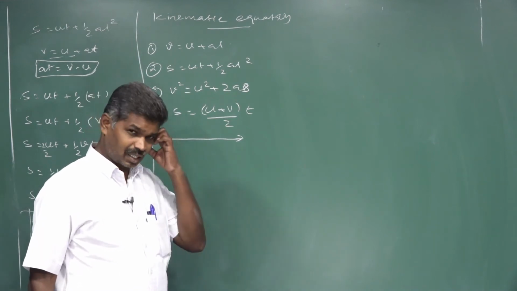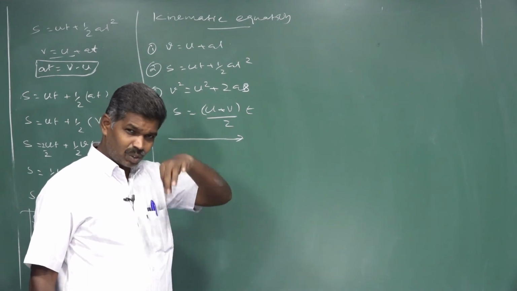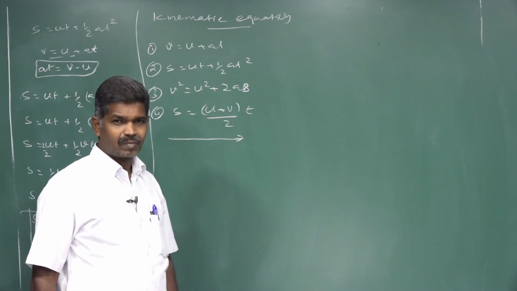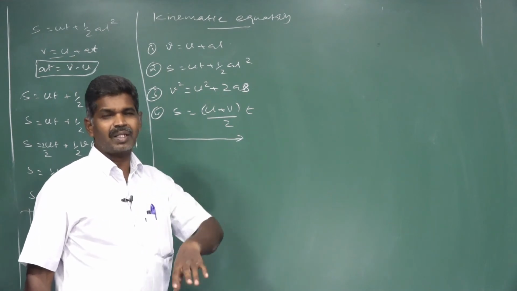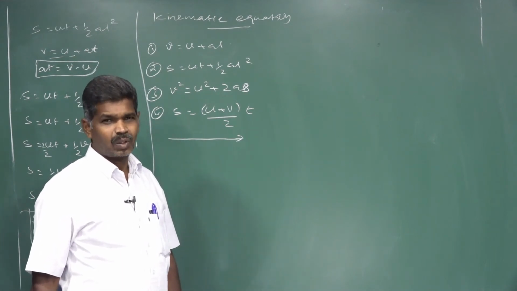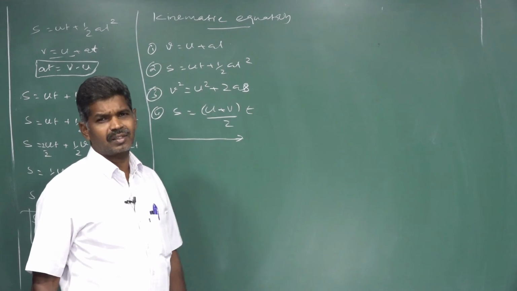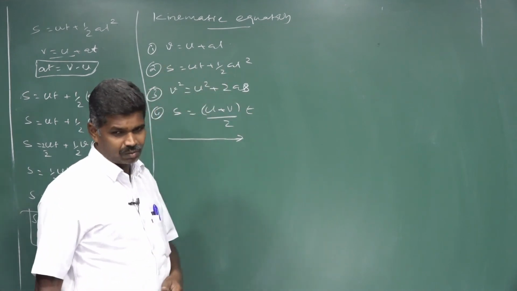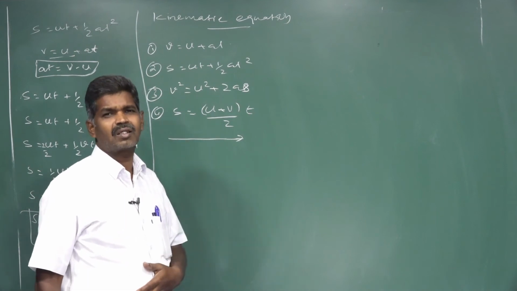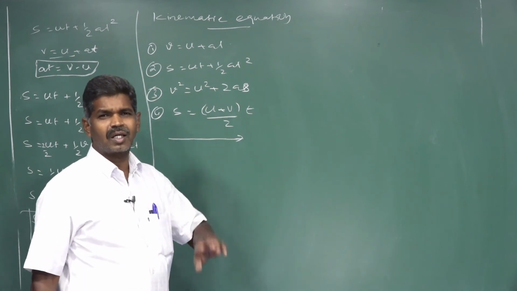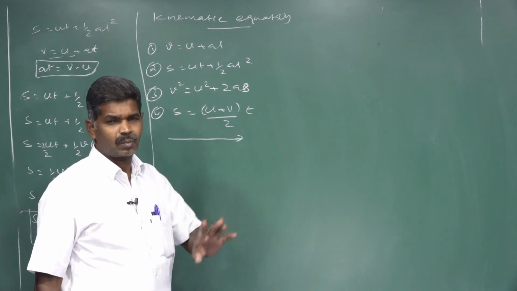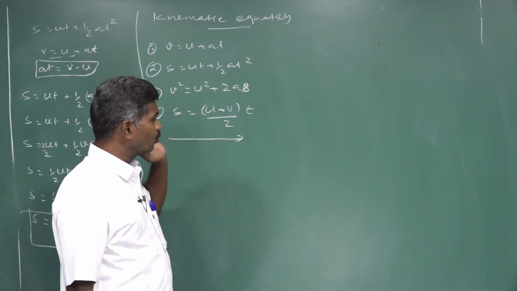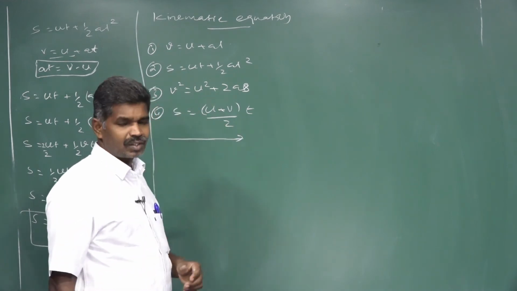So that's why in a uniform circular motion we have a centripetal acceleration only, not a linear acceleration. Where we have a linear acceleration, there only we can use these equations. So these equations cannot be used in circular motion and rotatory motion. In a straight line motion only we can use these equations.